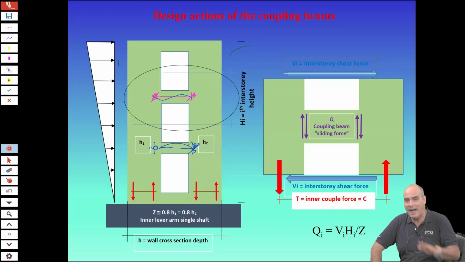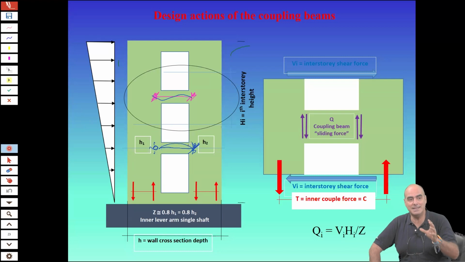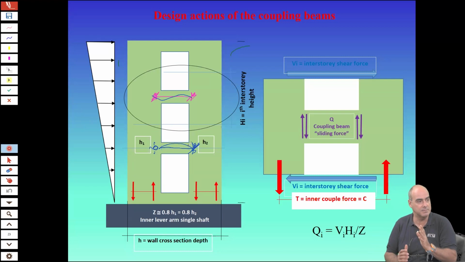So you will not find a textbook which tells you this connection design in this way. No, forget it. It's not the purpose of any university course to give you a handbook of formulas. The purpose is to give you how this connection behaves. Which are the mechanisms? Tension in the bar, bond, dowel action, compression in concrete. So which are the physics models and the mathematical models which describe these behaviors? Apply them and design your connections.